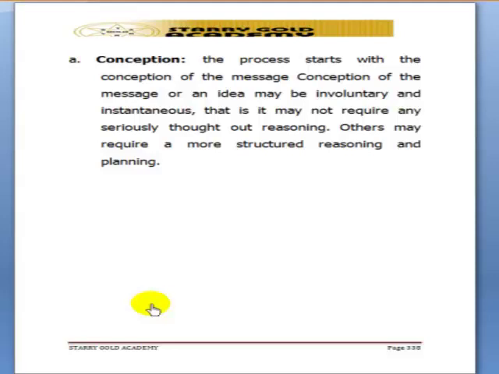It is when our ideas begin to take shape, and we begin to have a vision of what we want to say, the real thing that we want to say. That is when the conception stage is manifesting.